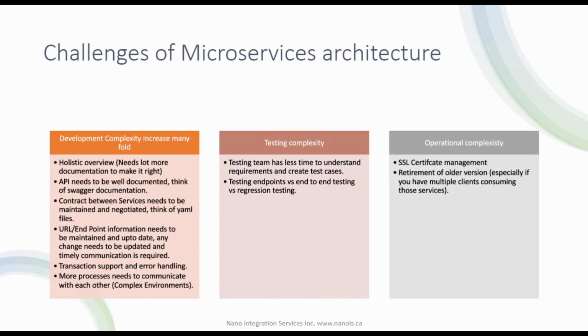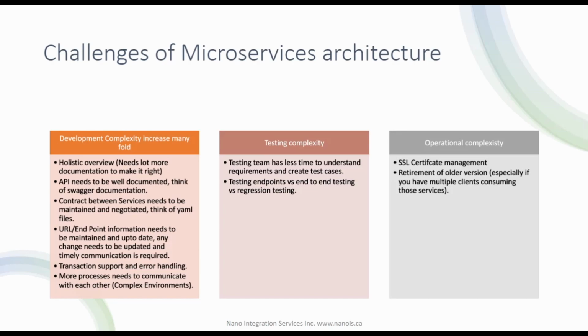If there are multiple services running and multiple clients, especially external clients who are invoking your services, then you might introduce different versions to satisfy the requirements of some clients, which will introduce versioning at the service level.